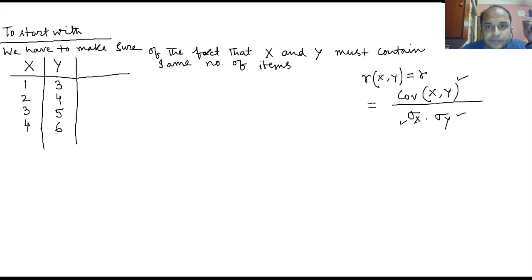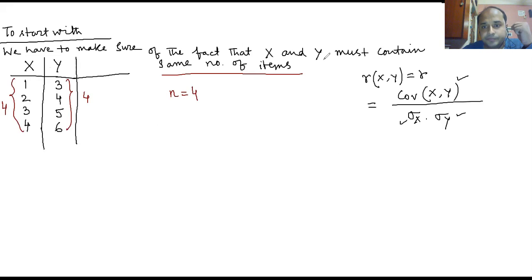This is a very important criterion. I showed you in one of my previous classes that this should always be the same. And here you see the number of items is 4 for both capital X and capital Y. So here n is equal to 4. This should always be equal.